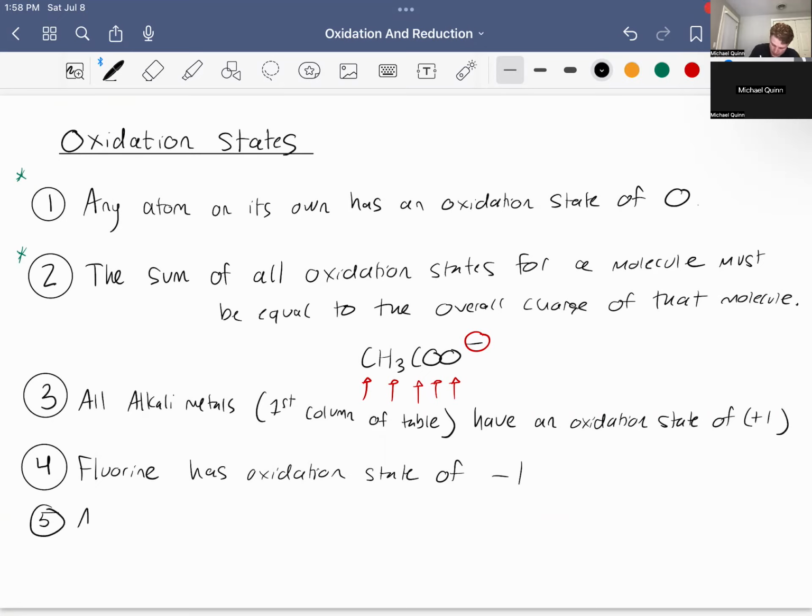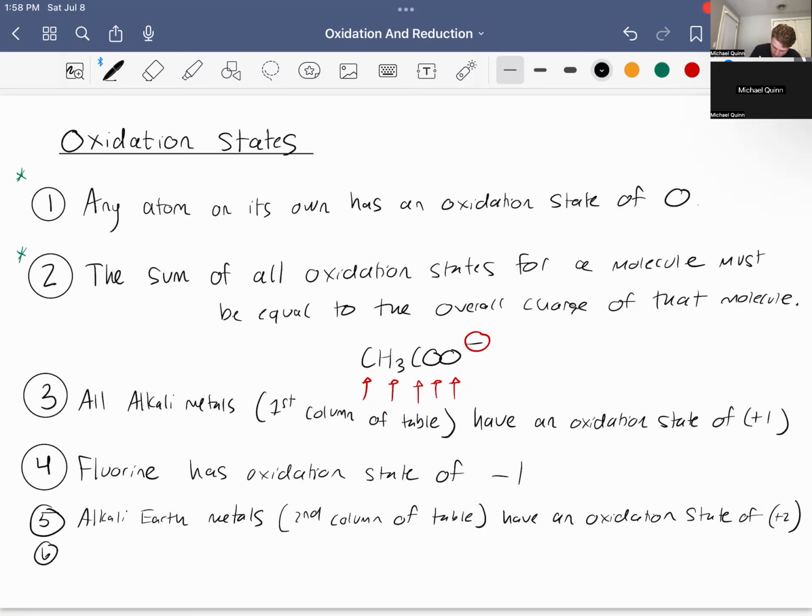Rule number 5 is that alkali earth metals, which are in the second column of the table, this includes magnesium and calcium, have an oxidation state of +2.